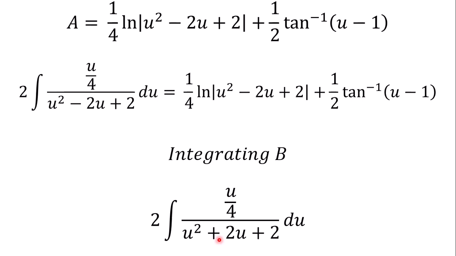Positive, and then A, the denominator, we were having what? A negative in it. Okay, it's the same procedure.